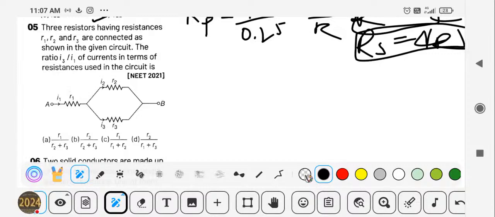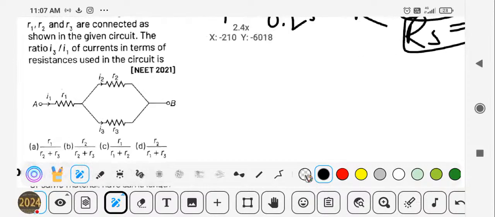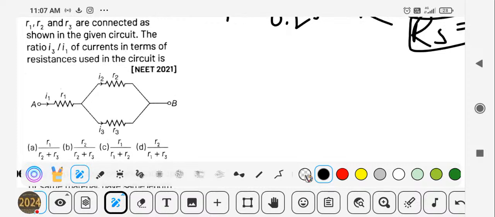So see, just analyze the circuit. The I1 current goes through R1 and then it is in parallel. So in parallel, the current will be adding, that is I2 and I3, different currents will be going. And again after that we will be getting into the B circuit.